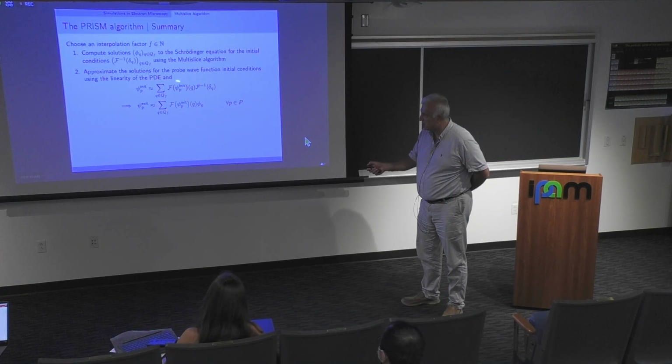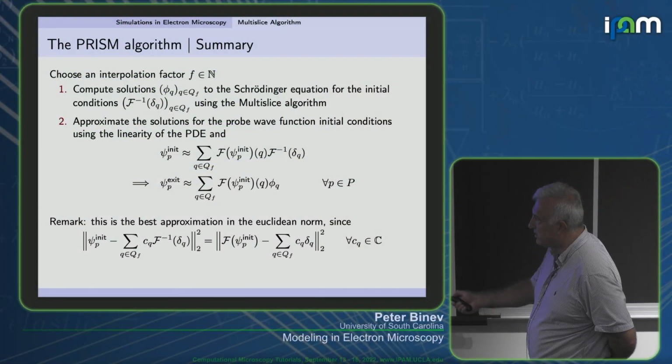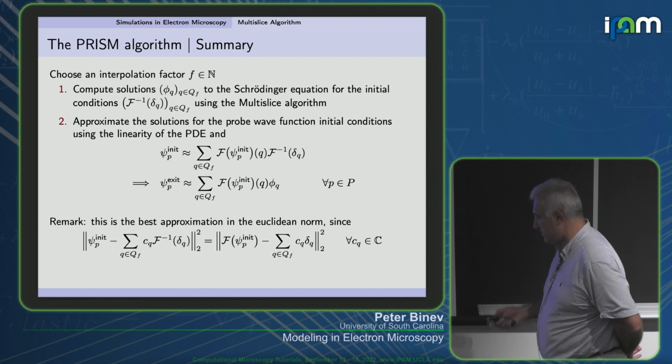So the coefficients, it turns out, can easily be calculated with the Fourier transform of the initial wave. And then we have this one, which is the best approximation of that function. And then, of course, when we have this for the initial wave, we make the same linear combination to approximate the exit wave.